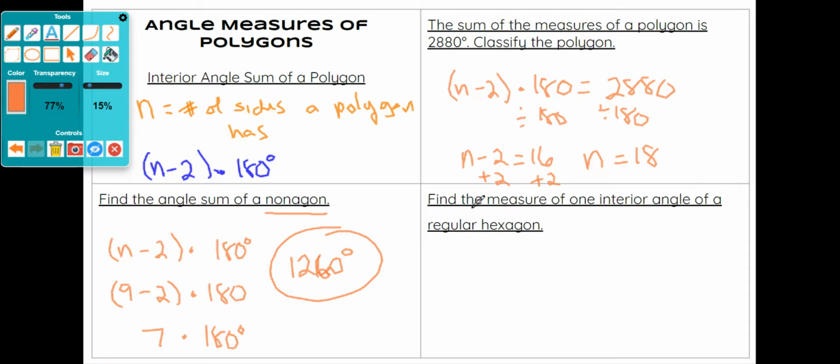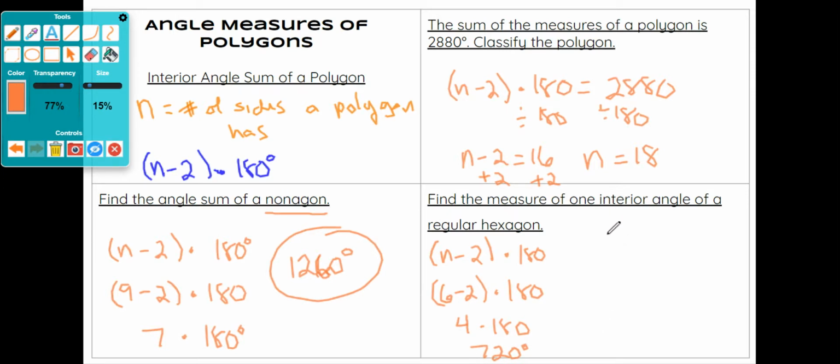And the last piece is to find the measure of one interior angle of a regular hexagon. Well, first we need to find out how much is in a hexagon. So n minus 2 times 180. Hexagon has 6 sides, so that's 6 minus 2 times 180, which is 4 times 180, giving 720 total degrees.